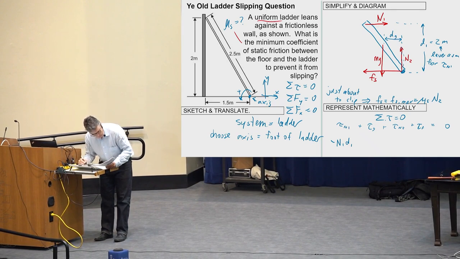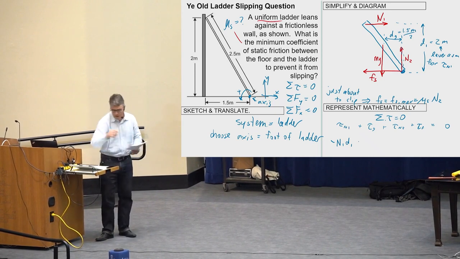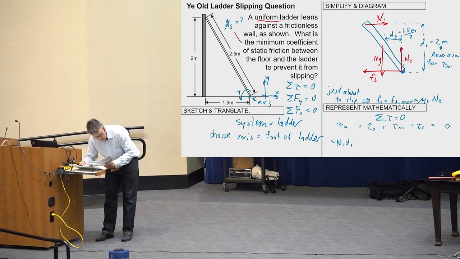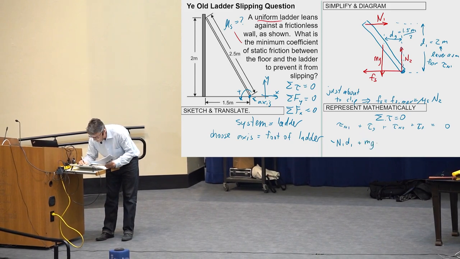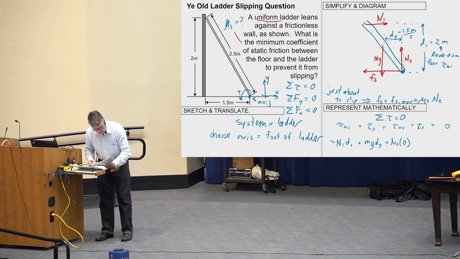And that's going to be equal to 1.5 meters divided by 2. So that's going to be counterclockwise because it pulls down, plus mg dg. And then the normal force of 2 is N2 times 0, since it's acting at the rotation axis.